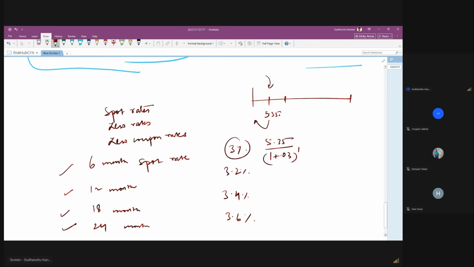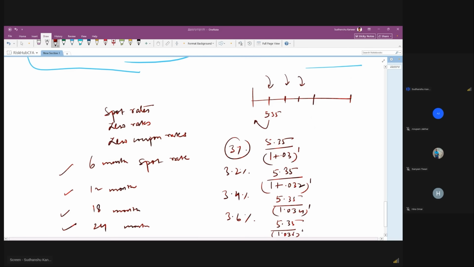The next coupon, 5.35 after 12 months, is discounted by 1 plus 0.032 raised to power 1. The next coupon after 18 months is discounted by 1.034 raised to power 1, and the coupon after 24 months, 5.35, by 1.036 raised to power 1.